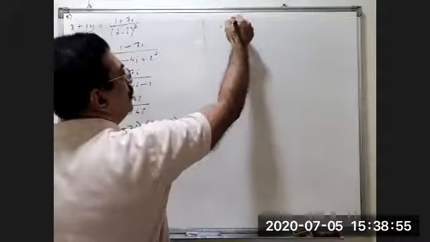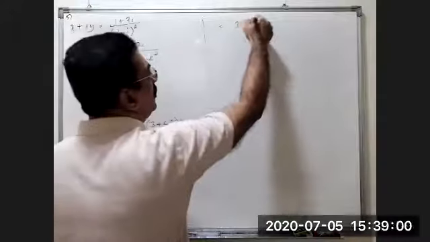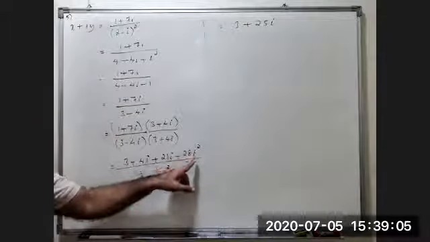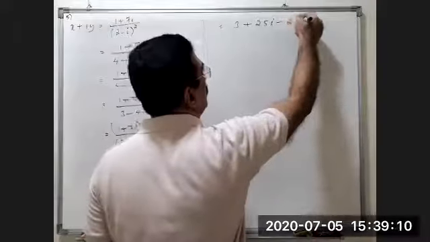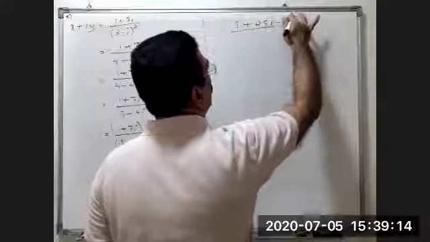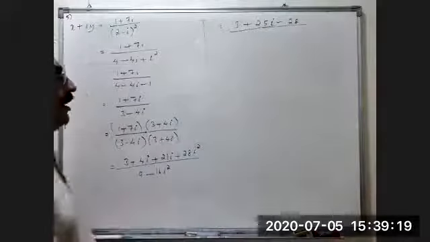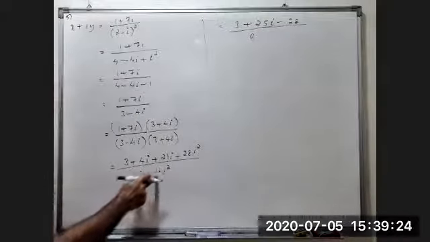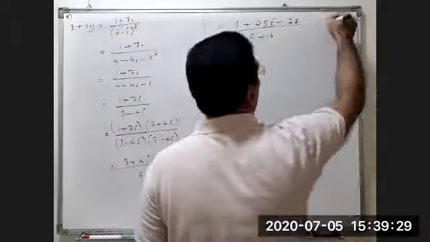In the numerator, 4i plus 21i is plus 25i. i square is minus 1, so 28 i square means minus 28, divided by 9 minus 16 i square. i square is minus 1, so 9 minus 16 becomes plus 16 because i square is minus 1.